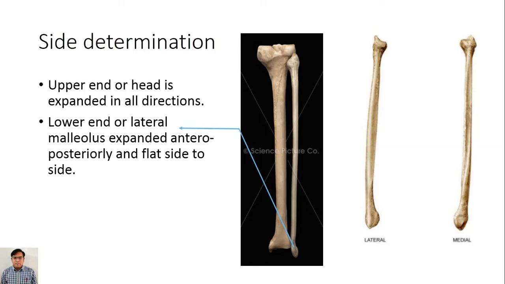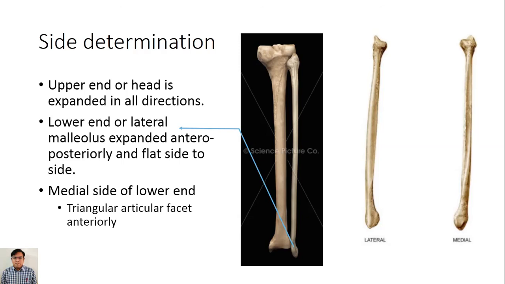Then how will we decide the medial side? The medial side of the lower end has a triangular facet anteriorly and the malleolar fossa posteriorly.